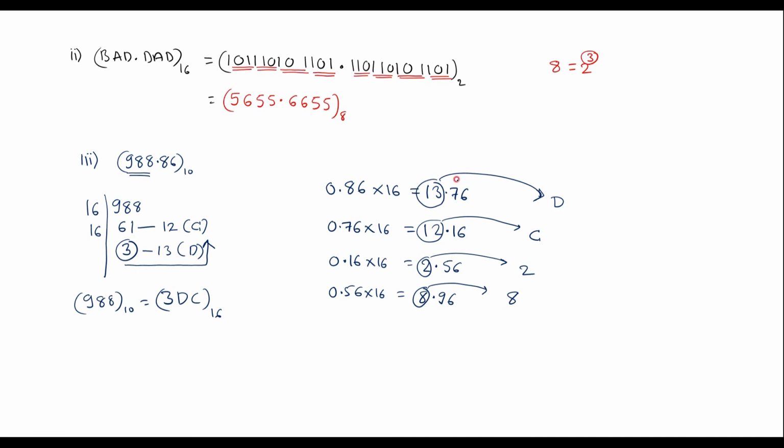So we are supposed to stop this process. Therefore 988.86, which is in decimal, is equal to 3DC point. Now we are supposed to write these numbers from top to bottom, that is DC to 8, which is in hexadecimal. Thank you for watching.